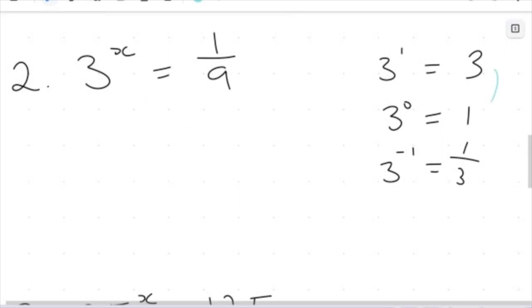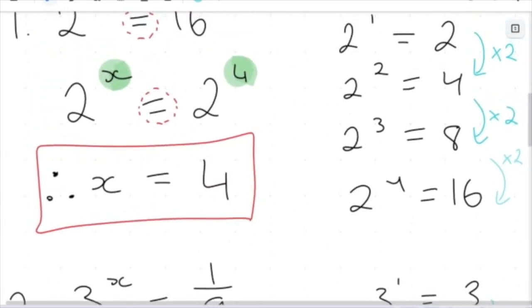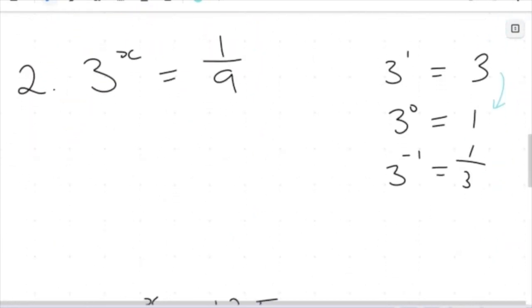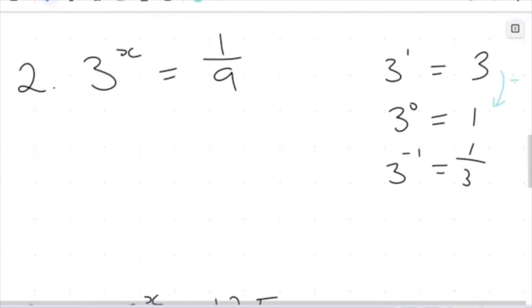And remember, when we look at negative indices, instead of our numbers doubling, our numbers are going to divide. So to get from here to here, I divided by 3. Here to here, I divided by 3. So my next negative index is going to be 1 over 3 squared, or 1 over 9.